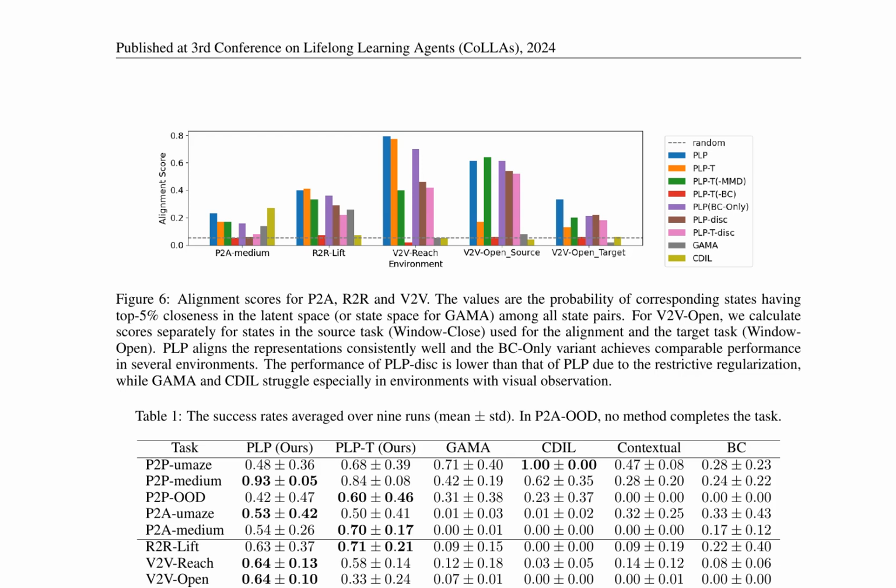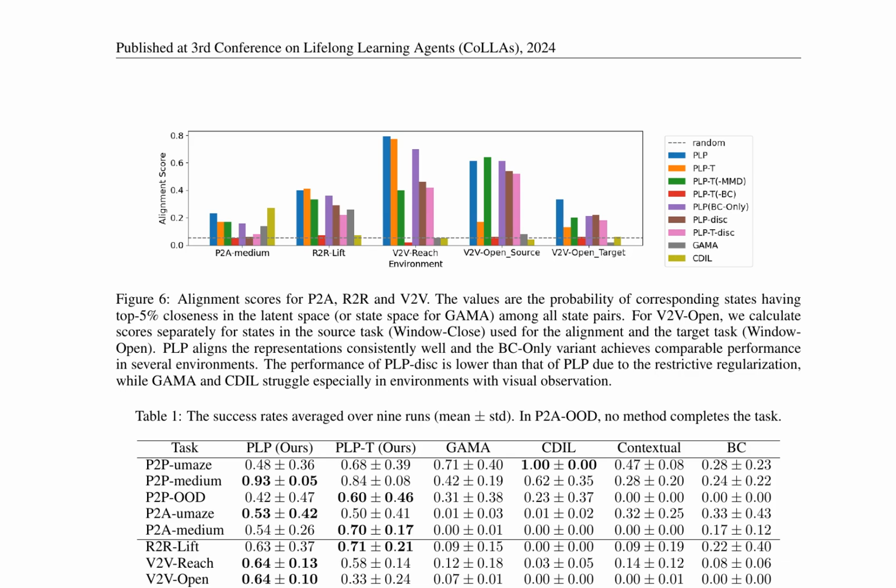Table 1 presents the success rates averaged over 9 runs for different tasks, demonstrating PLP's superior performance in many environments. Notably, in environments with visual observation, PLP performs significantly better than gamma and CDIL due to the instability of adversarial training in these methods.